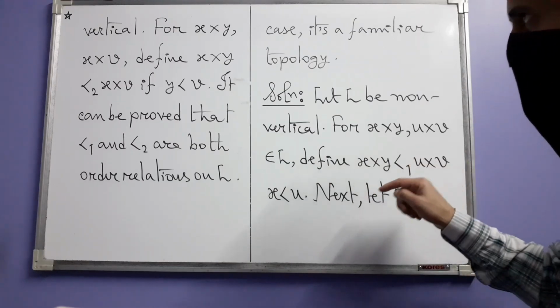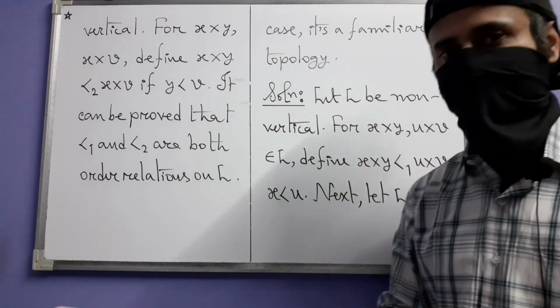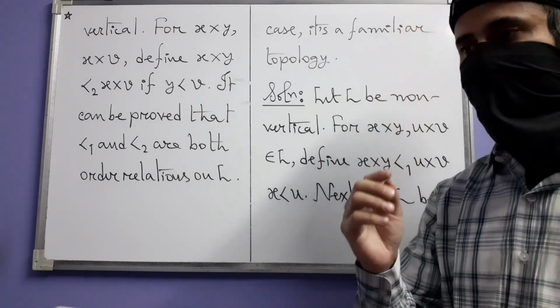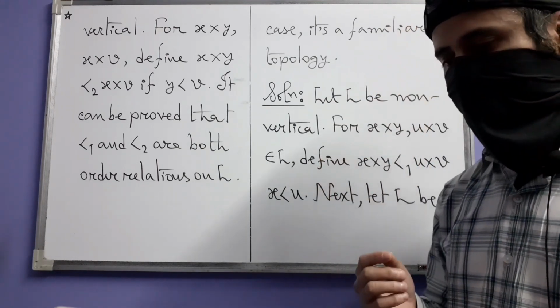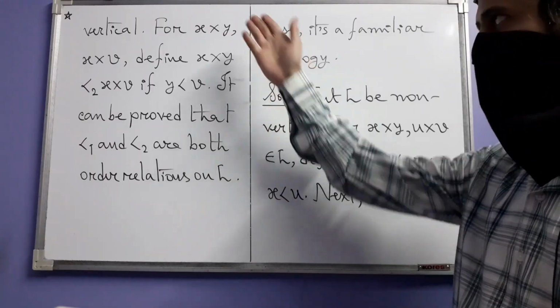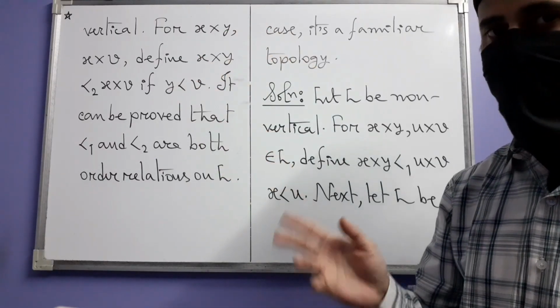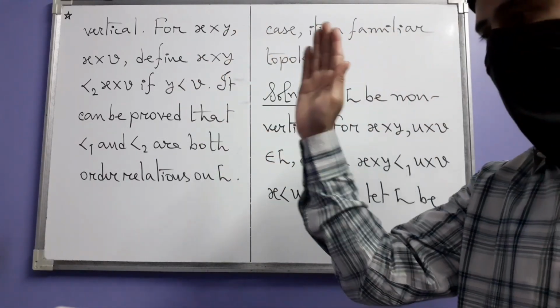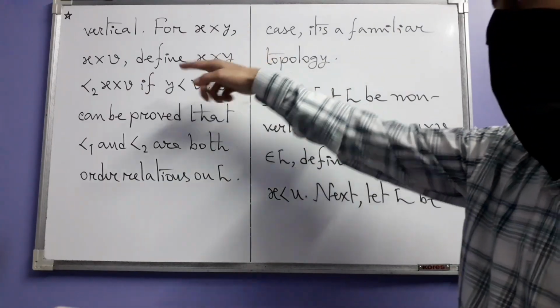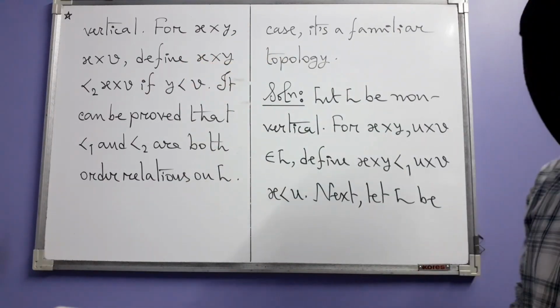Next we consider the case where L is vertical. For any two points on L this time, the x coordinates are going to be the same, whatever that is, depending on what line we are considering, but the y coordinates will possibly differ.